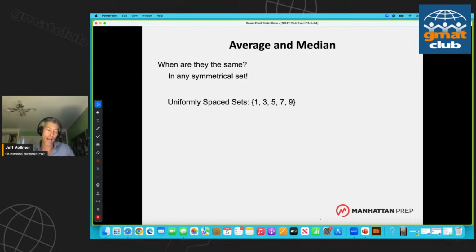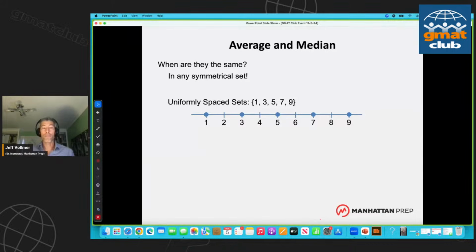An evenly spaced set is always going to be symmetrical. It's nice to visualize this on the number line: think of an axis of symmetry, a mirror at 5 in this particular set. The spacing outwards is mirror image left to right.